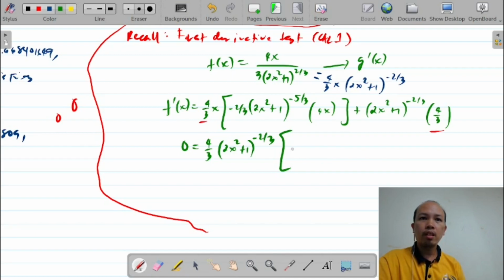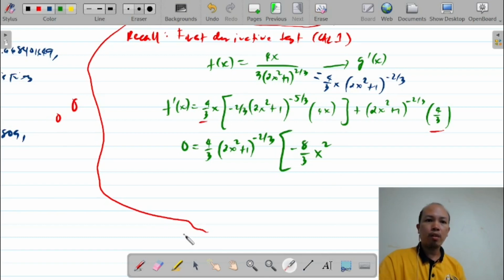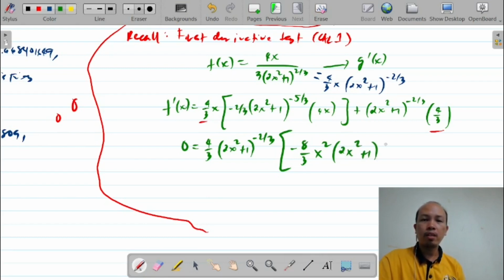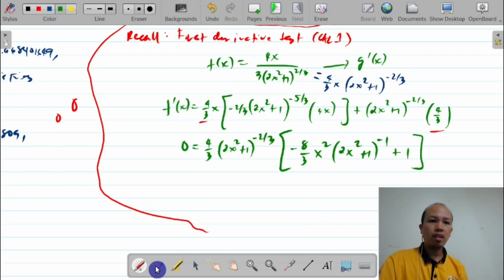This is negative 8 over 3x²: 4 times 2 is 8, and x also. And then if we factor this one here, we have 2x² + 1 raised to the power of negative 1, plus 1.